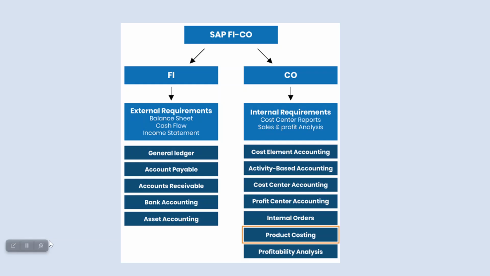SAP FICO are two separate books of accounting, where SAP FI is used for external reporting with balance sheets and profit and loss statements, and SAP CO, or controlling, for internal reporting purposes.